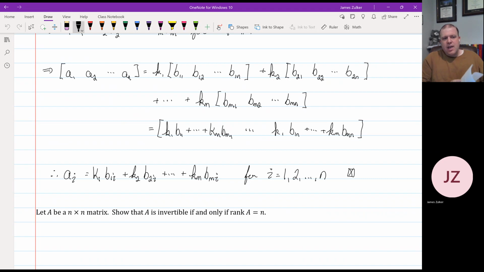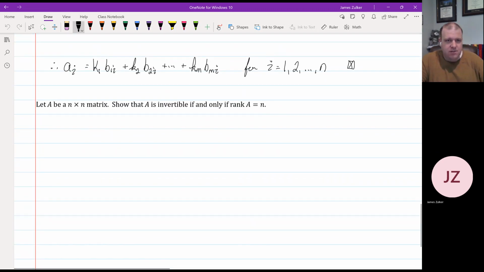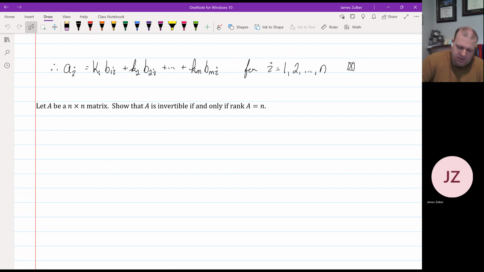Let A be an n by n matrix. We want to show that A is invertible if and only if the rank of A is equal to n.